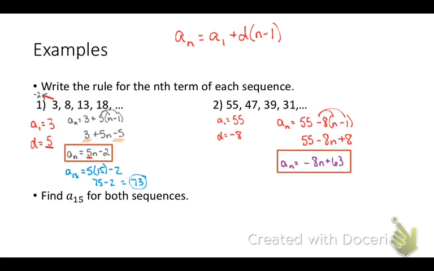If I would do the same thing then for the second example, I would go a sub 15. I just replace the n with 15, and I just plug it into my equation. So plug everything in and get -57.